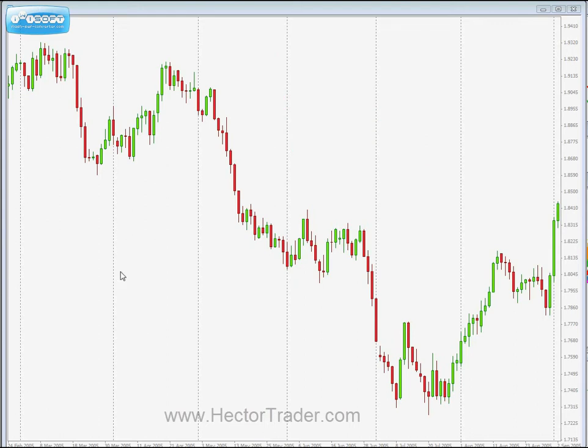As you guys know, I am a conservative trader, I am a trend trader, and that means that I will only take breakouts of a triangle or of any price formation that take place in the direction of the main trend.